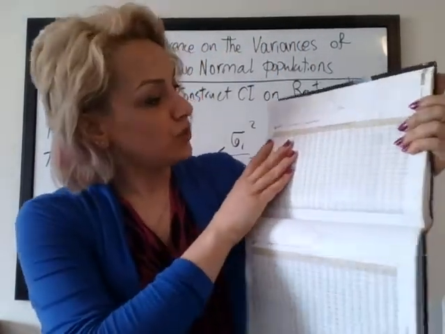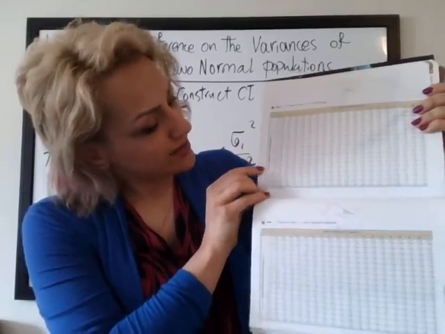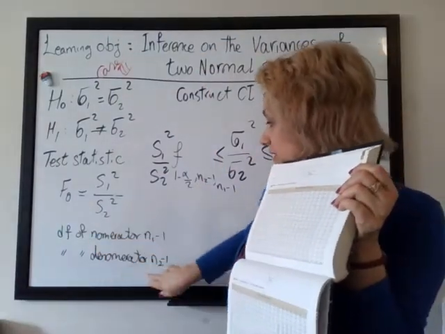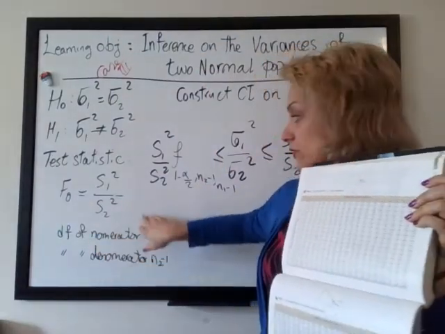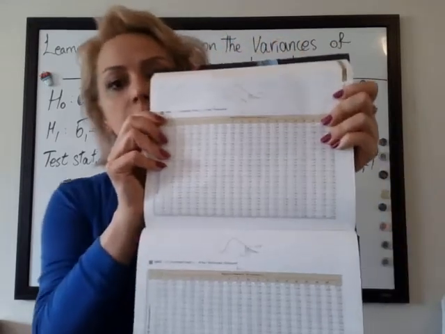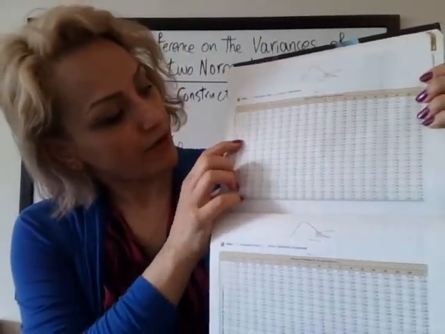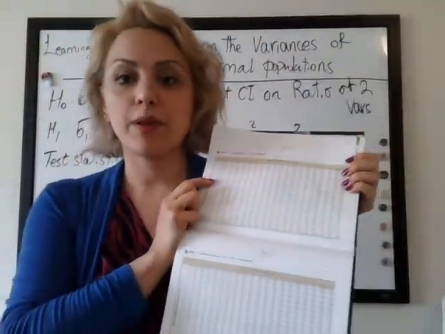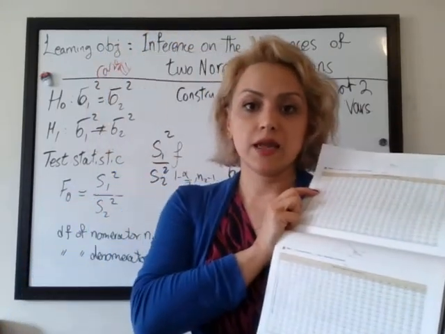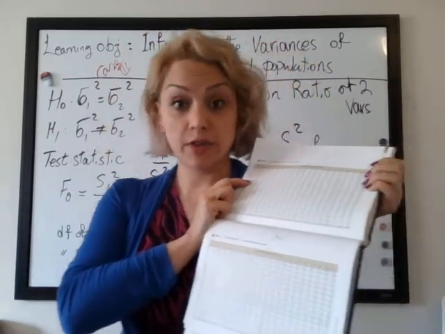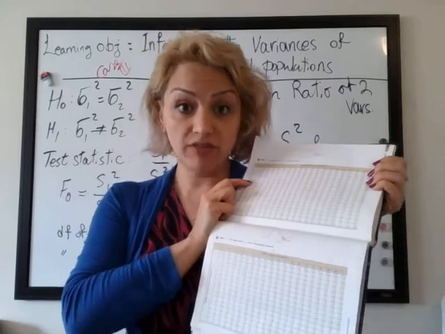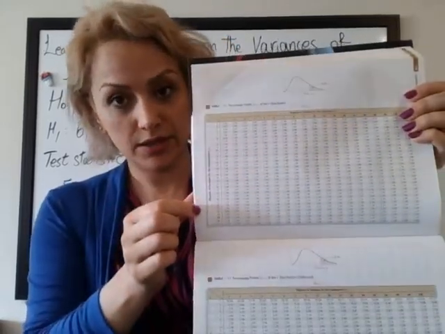It's written here, degree of freedom for the denominator. So nu 2, as we said, is n2 minus 1, for the denominator. For example, say my n2 is 13. Then the degree of freedom is 12. So the degree of freedom of the denominator is 12.